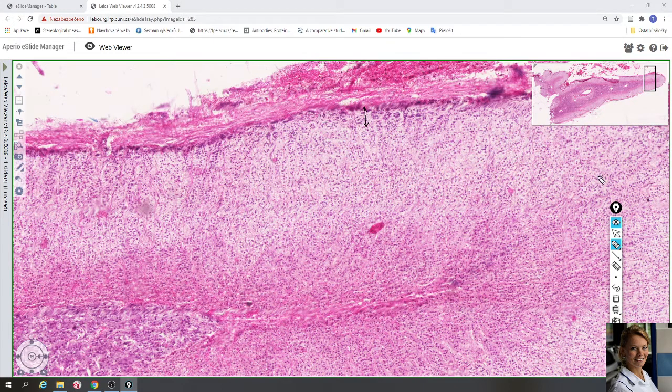The middle and the widest cell layer is the zona fasciculata.